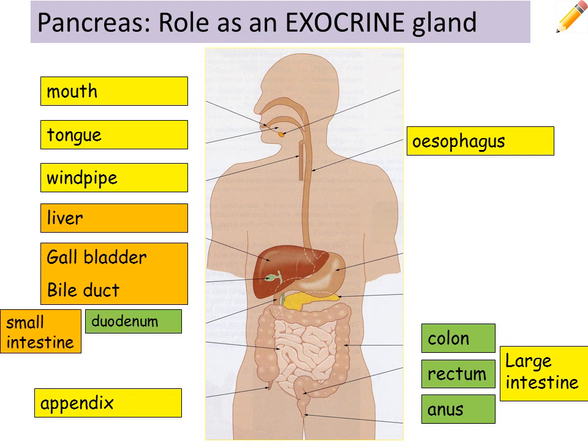We've got the small intestine, which is divided up into two major parts, the duodenum and the ileum, both of which produce enzymes which are an important part of the digestive process. The salivary glands here on the right are producing salivary amylase, which is an enzyme which is breaking down starch.